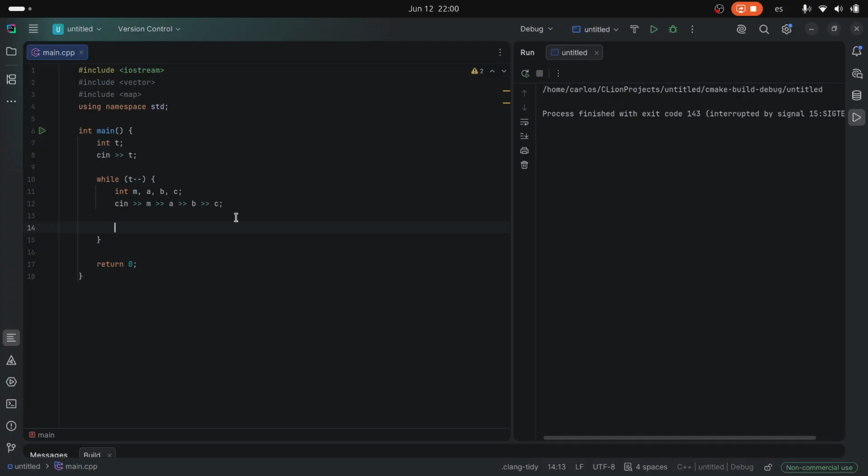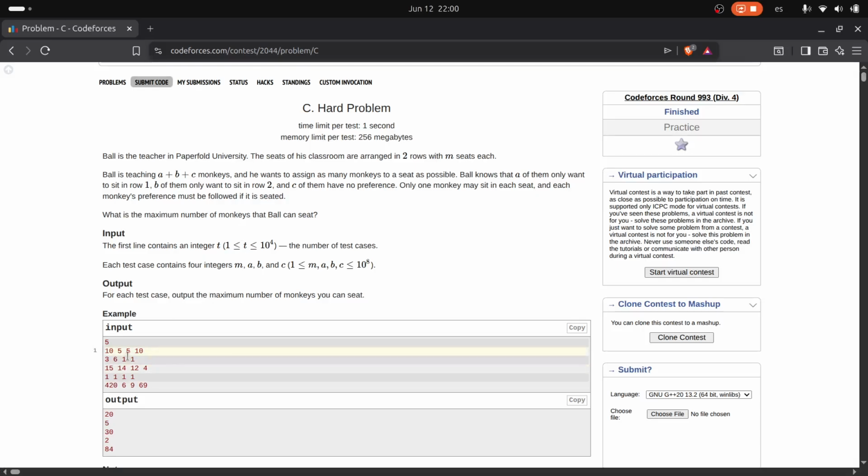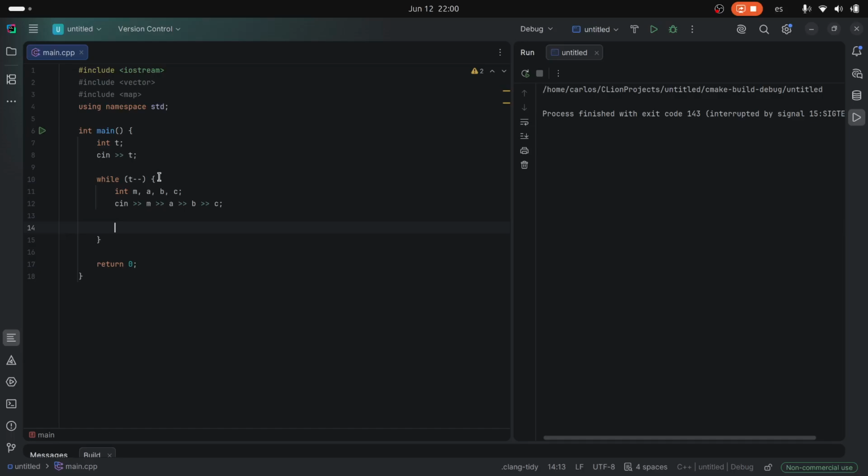In fact, let's go about this with the second example. Let me bring it here. Let's say we have this. This is our test case, and as you can see, each row is going to have three seats.